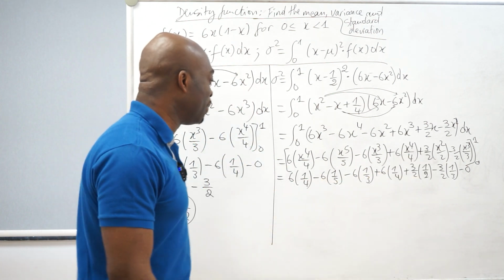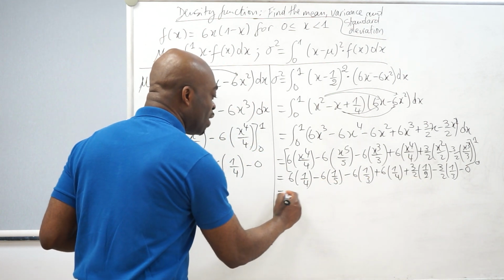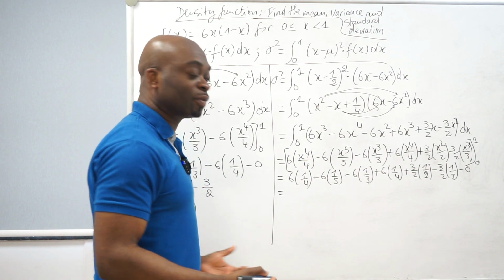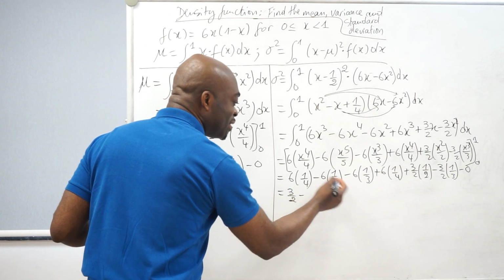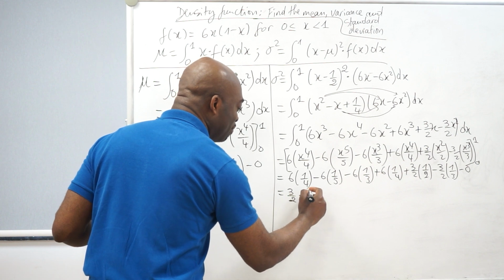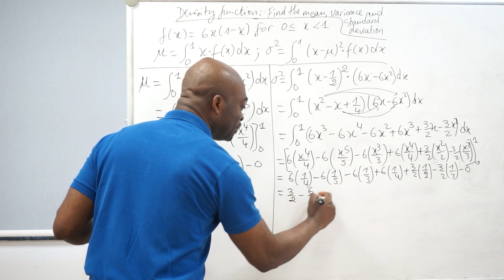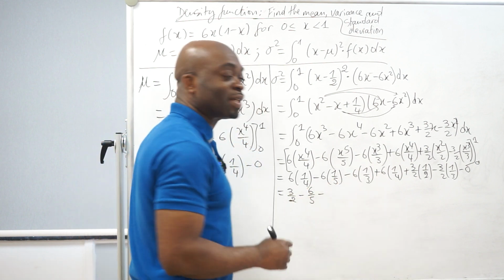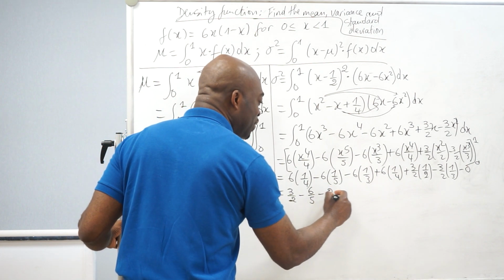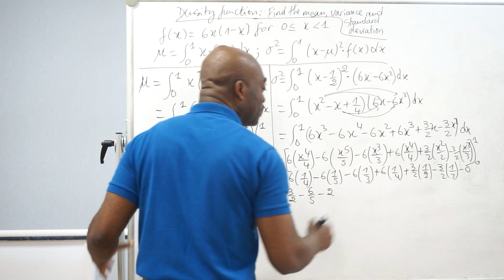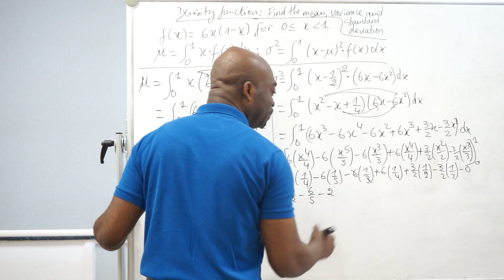So now once we come here, 6 times a quarter, that'll give us 3 over 2, because you can simplify. 6 times 1 over 5 is 6 over 5, minus 6 times 1 over 3. We can simplify that one. That'll give us 2, because 6 divided by 3 is 2.